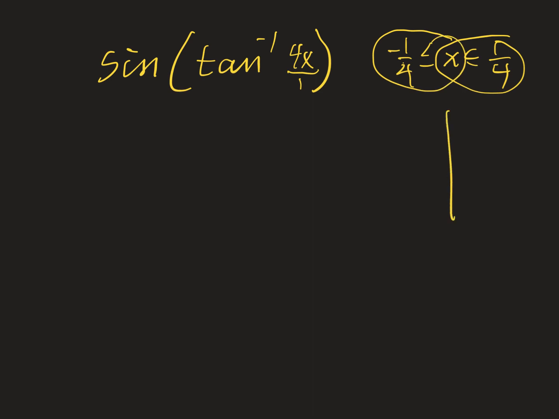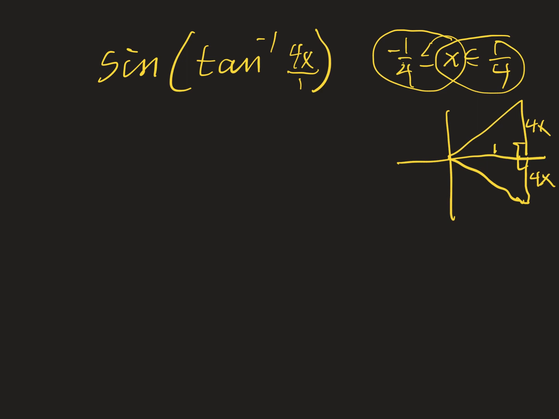So what we're looking at here is we could have this triangle here or the same triangle here. All right. Now tangent is opposite over adjacent. So this is 4x and this is 1. And in the same way, this is 4x here when the x happens to be negative.